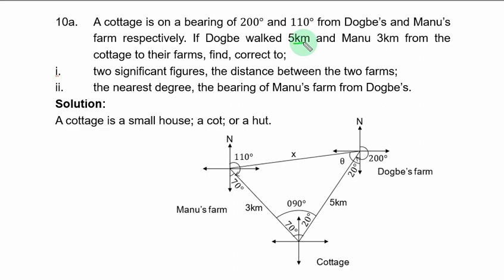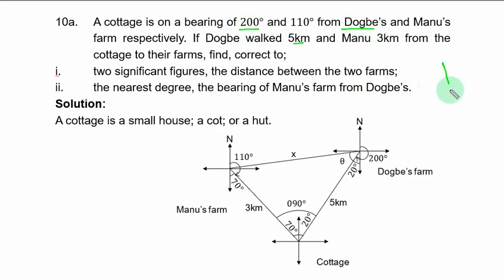Solution: a cottage is a small house or a small hut. Now you can access the cottage from the two farms. From Dogbe's farm, the bearing is 200 degrees.